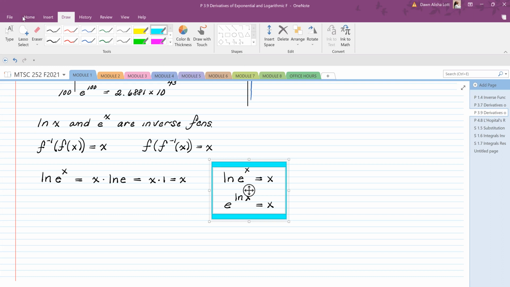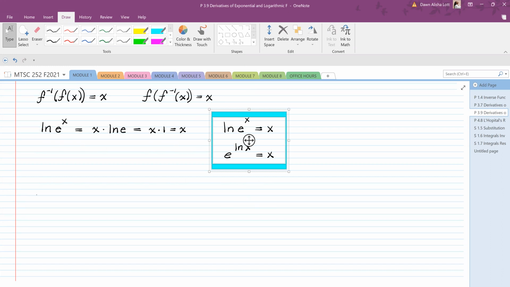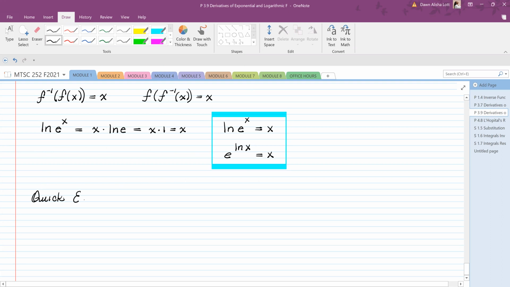All right, so what are some examples of how to use this? So here's some quick examples. Let's suppose I take the log of e to the fourth power. Well, the log of e to the x is x, so the log of e to the 4 is 4. Done.